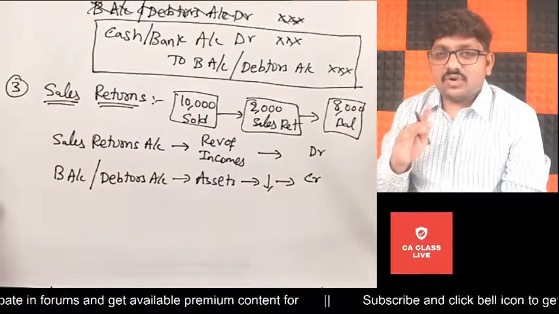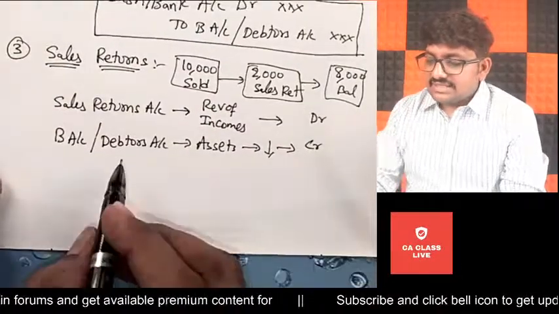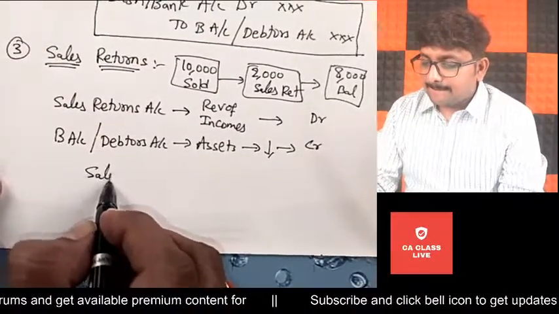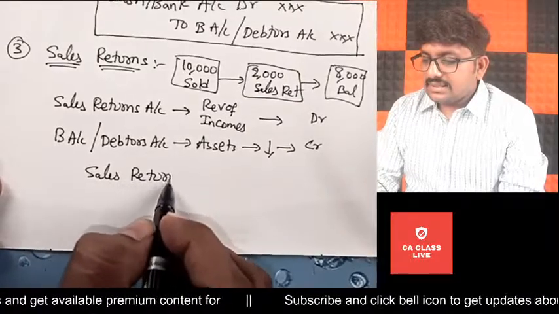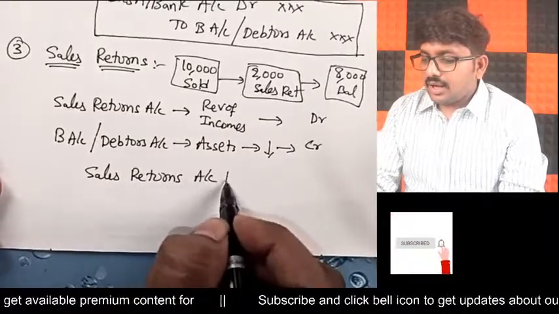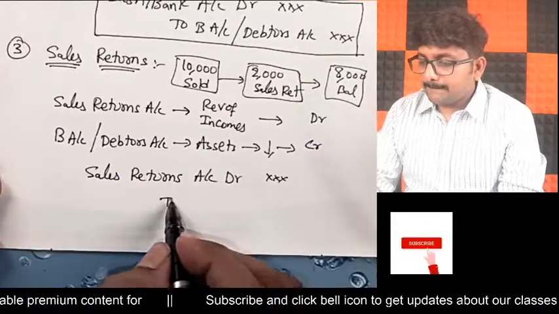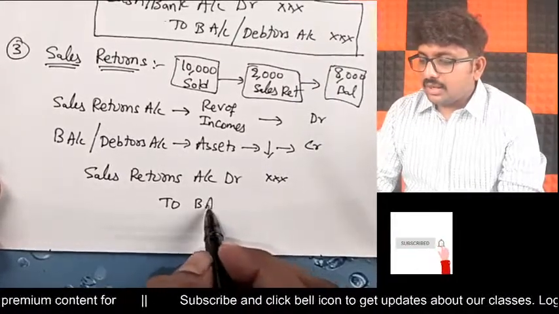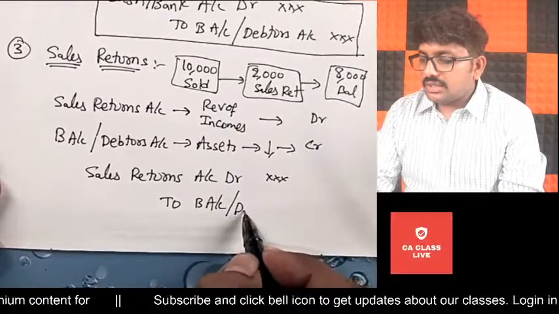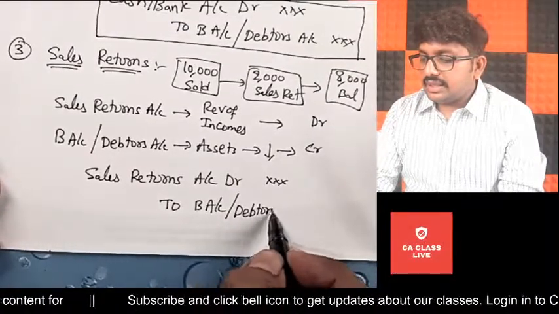Correct, ma? So what will be the journal entry in this case, my dear friends? Sales returns account debit, okay, to B account, or in general sense, debtors account.